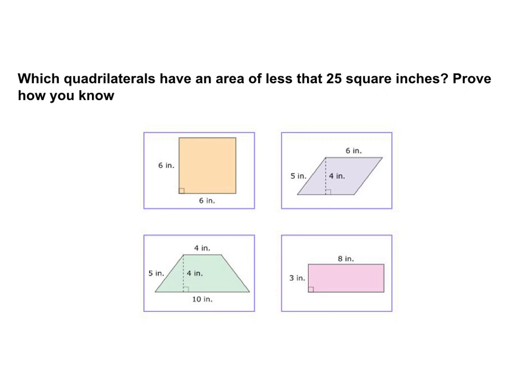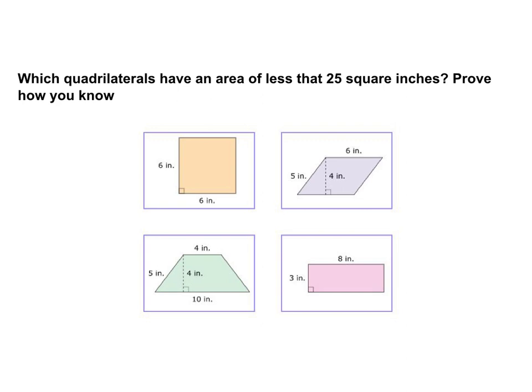All right, on this page, what I want you to do, it says which quadrilaterals have an area of less than 25 square inches. Prove how you know. So I want you to do the first one, area of the rectangle, area of the parallelogram, area of the trapezoid, and area of the other rectangle.